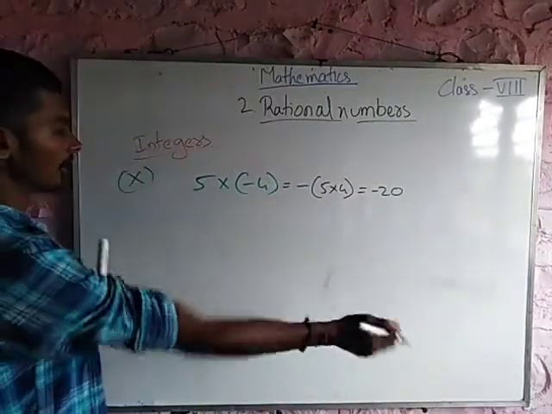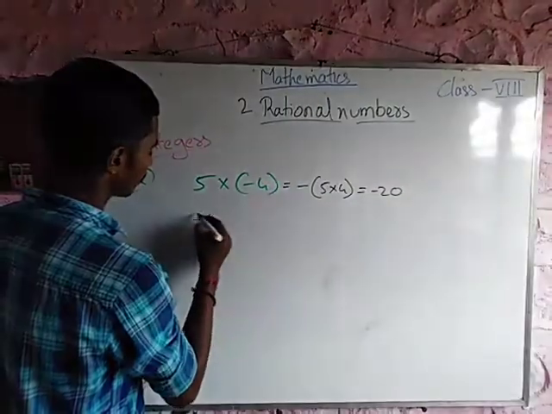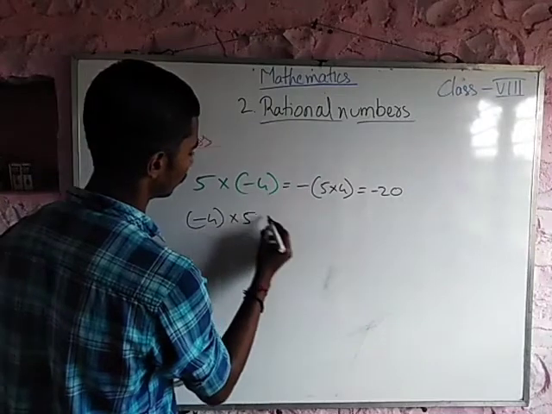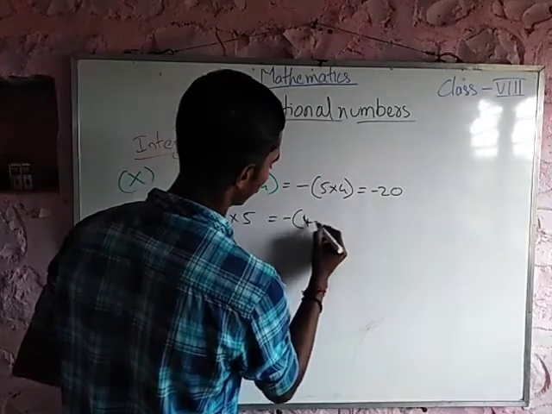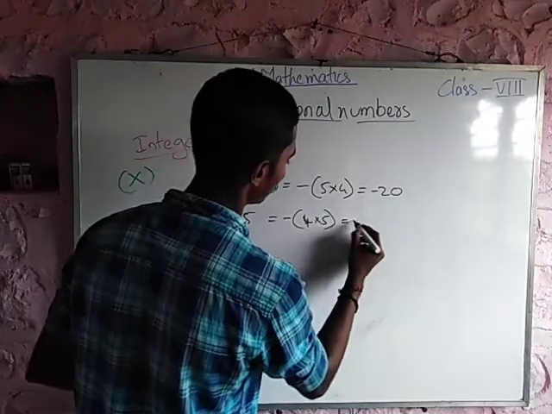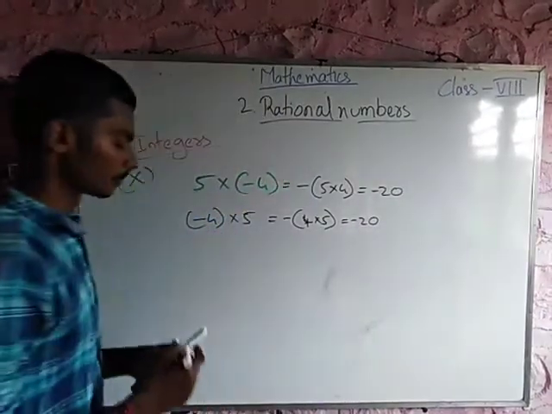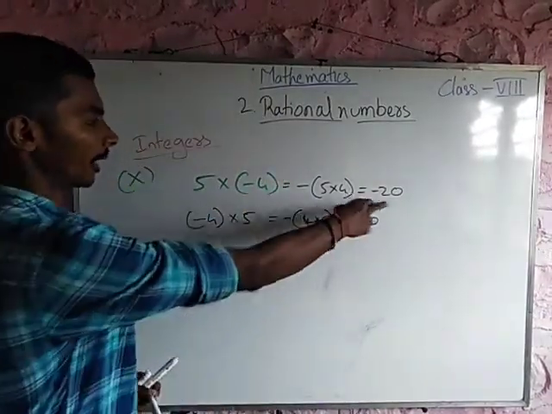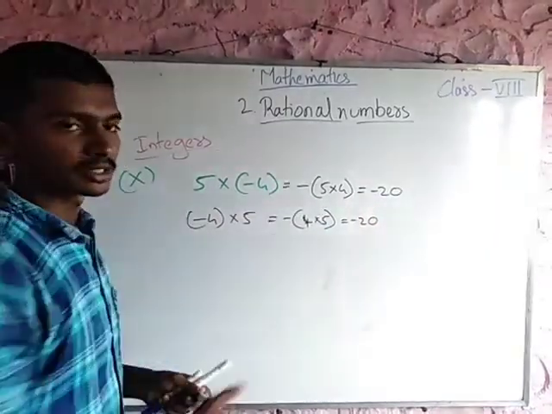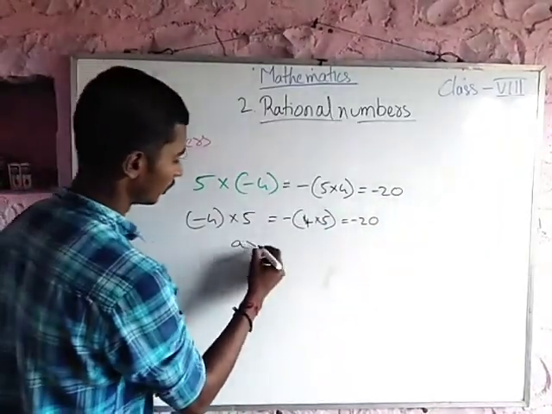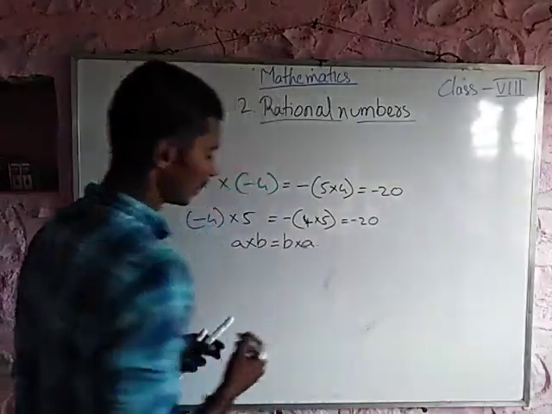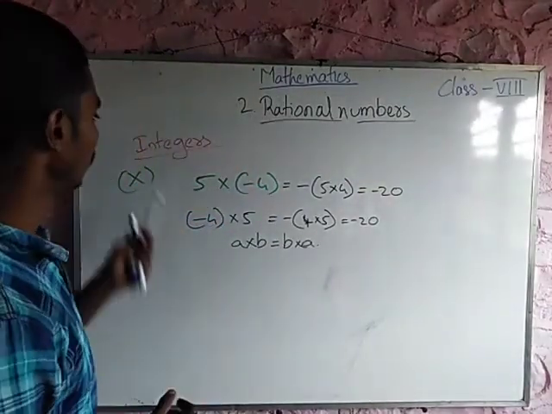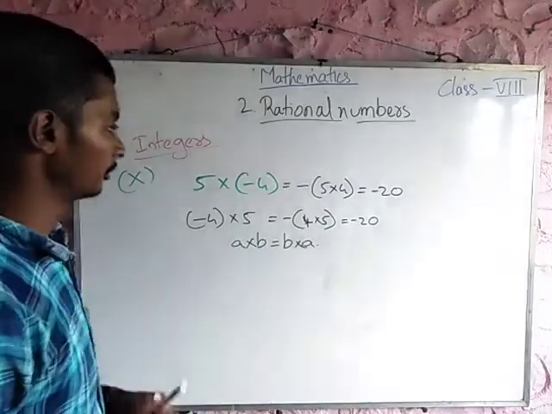This is one way, and the other way is -4 into 5, which is again minus of 4 into 5, giving me -20. Now see, a into b I got one result, and b into a I got the same result. So a into b is equal to b into a in case of integers, and we can conclude that integers are commutative under multiplication.